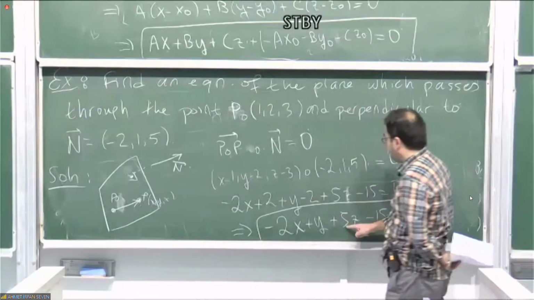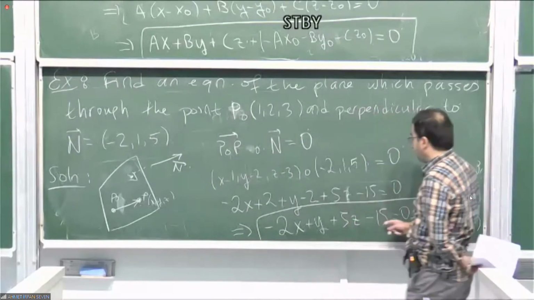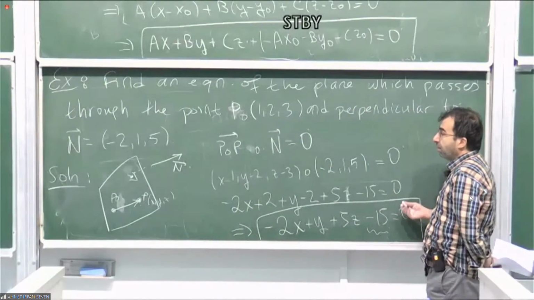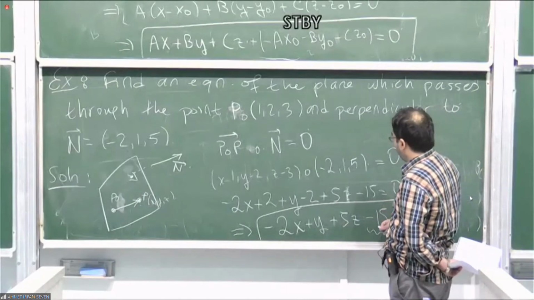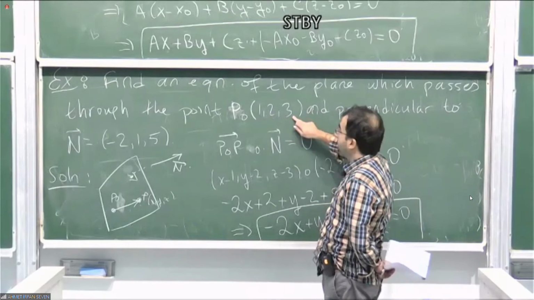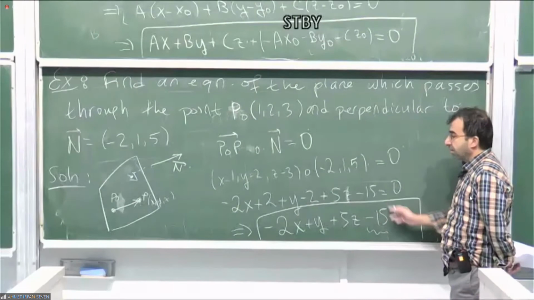And there is 5 in front of z, which is the 5 here. And then there is this constant term, minus 15. Why do we have minus 15? Because I'm using this point, 1, 2, 3. If I use a different point, I will have another number here.